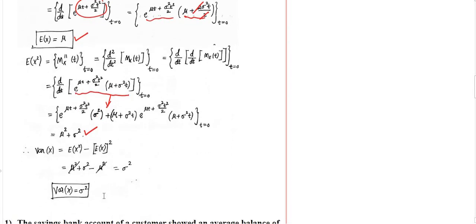And we know the variance of x formula, E of x square minus E of x whole square, that is mu square plus sigma square minus mu square. We can cancel plus mu square with minus mu square. The answer will be sigma square, which means in normal distribution, mean is mu and variance is sigma square. Thank you.